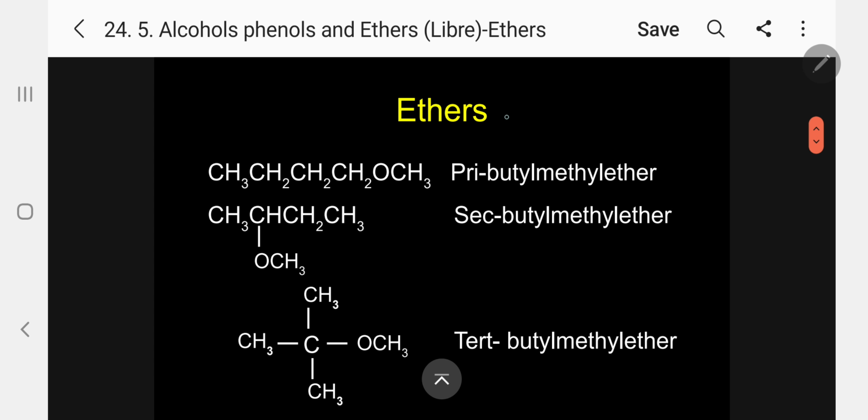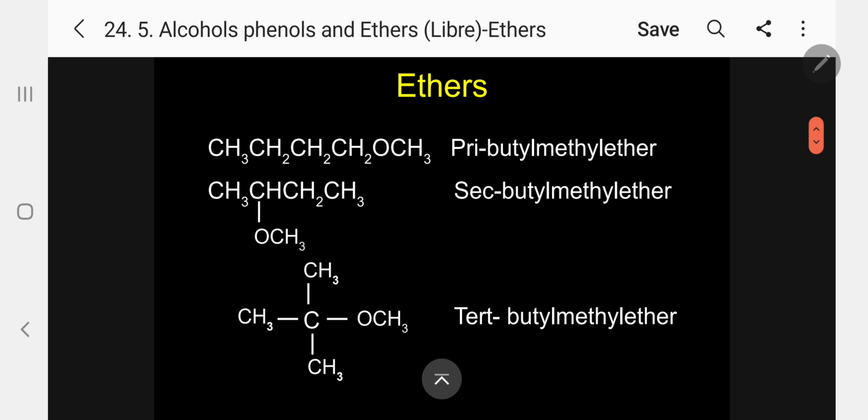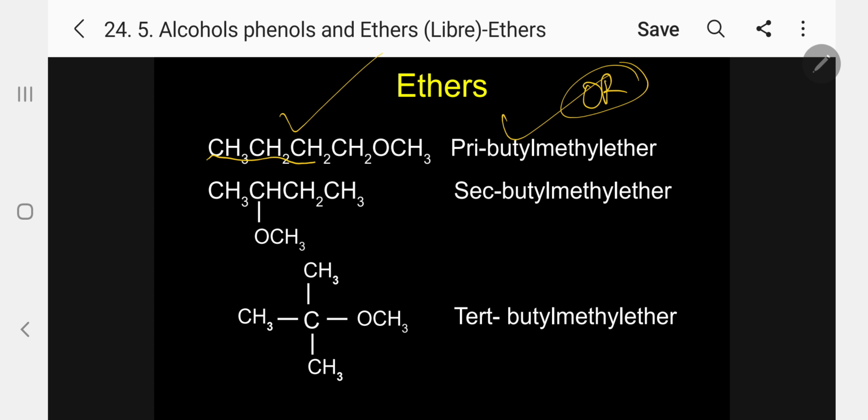Another type of common name I told you already, based on the position of the functional group. So functional group is OR. Kindly follow: methoxy, ethoxy, propoxy. So in this case the first one, methoxybutane, or primary butyl methyl ether. Kindly follow. IUPAC name, common name I am giving here. Primary butyl methyl ether. Why are we calling it primary butyl?